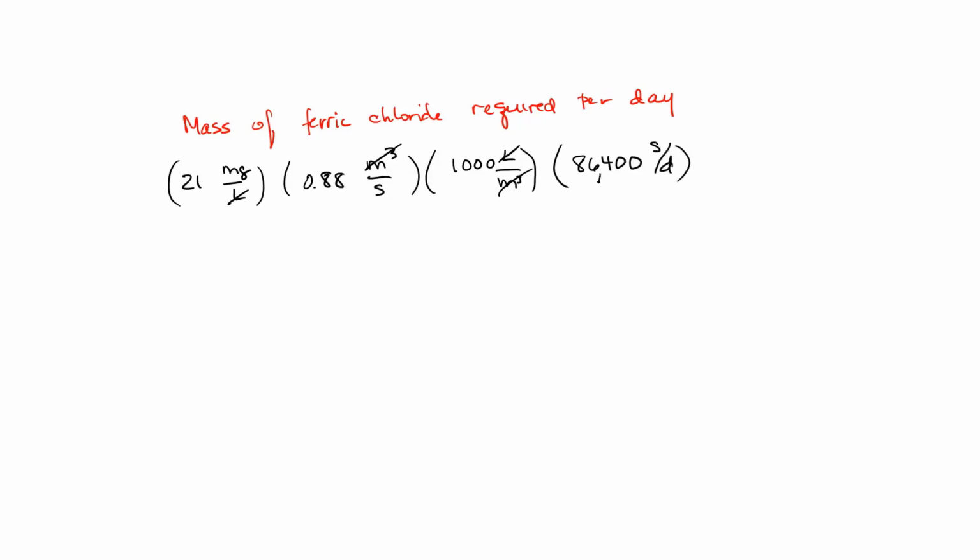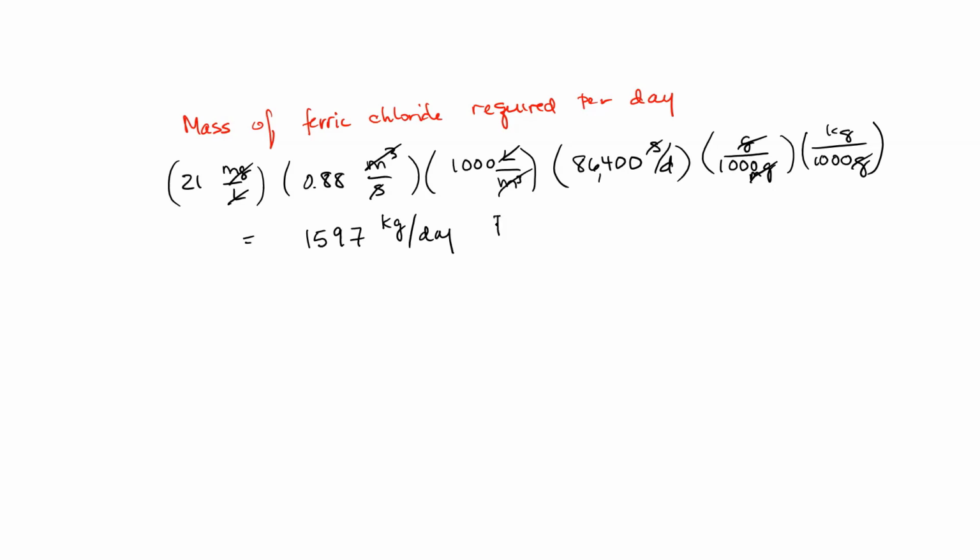That's a number that's useful to remember because you will use it extensively, times 1,000 milligrams per gram, and 1,000 grams per kilogram. Grams cancel, milligrams cancel, and we would need about 1,600 kilograms per day of ferric chloride.